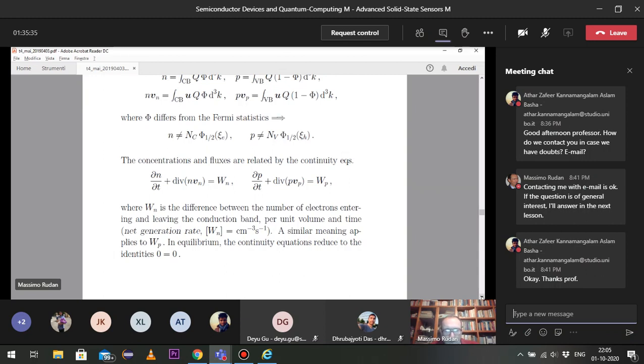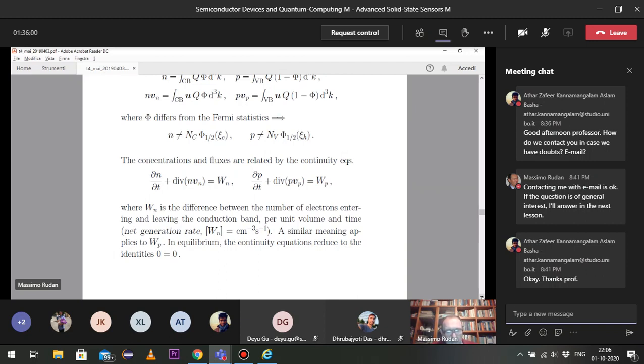Okay, so diffusion is a mechanism in which particles move from the regions where the concentration is larger to the regions where the concentration is smaller. Okay, but because of this motion, the concentration tends to equalize and eventually the diffusion stops.